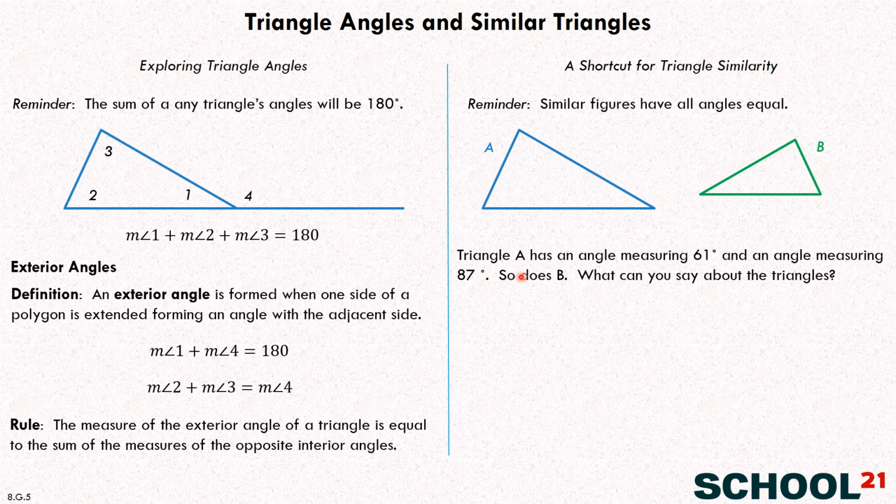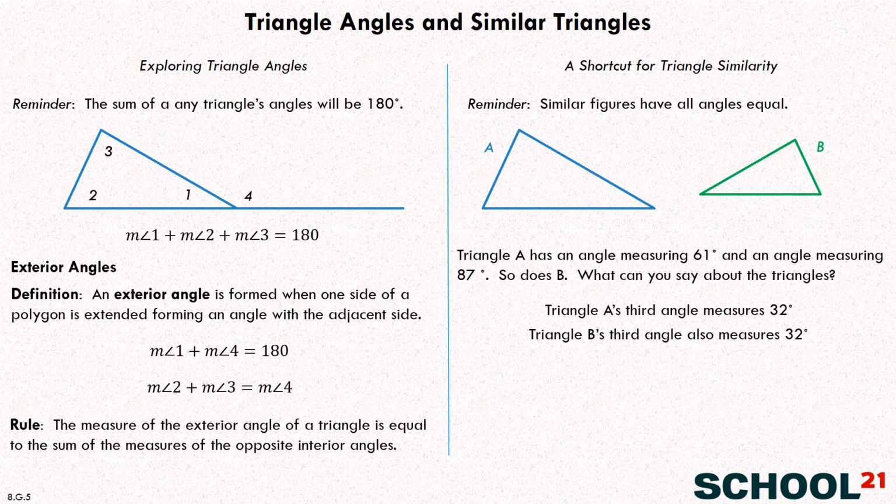So what could we say about those triangles? Well, if you think about it, if we know the measures of two of the angles of a triangle, we can always find the third because they have to add up to 180. So 61 plus 87 plus 32 degrees, which is what we've written right here, is equal to 180. So triangle A's third angle has to measure 32 degrees, but so does triangle B's third angle, right?